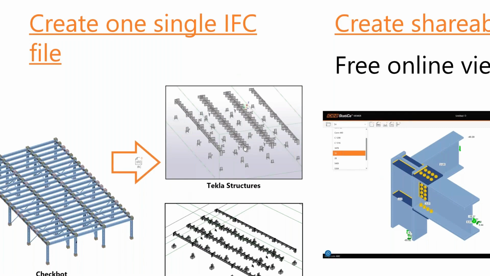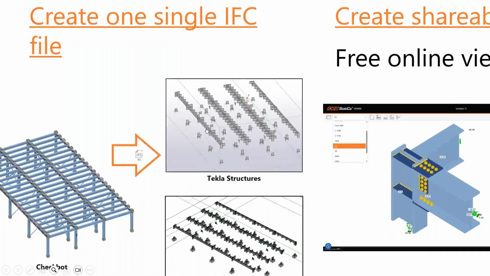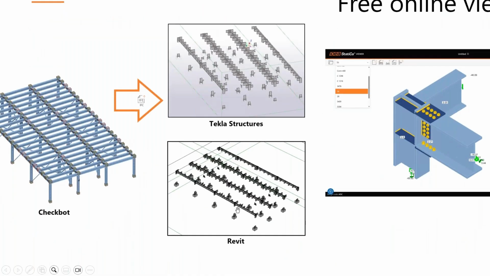So it's basically helping you to coordinate the position of some elements in the structure. Okay. Similar here in Revit, you can overlap the structure that you have without connections and then coordinate the position of the elements in that structure. Okay, so that is one option that you have from Checkbot.